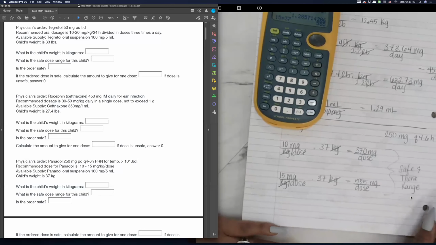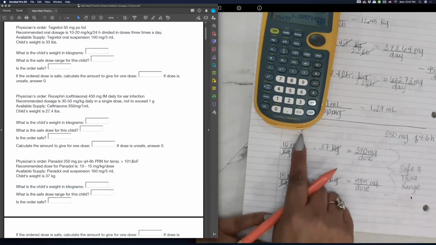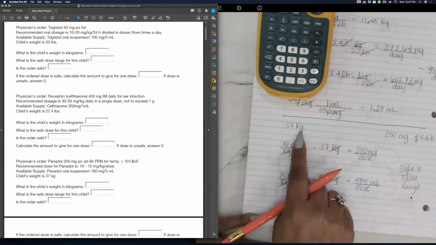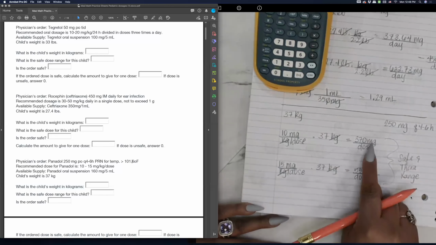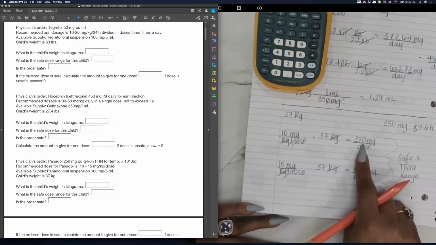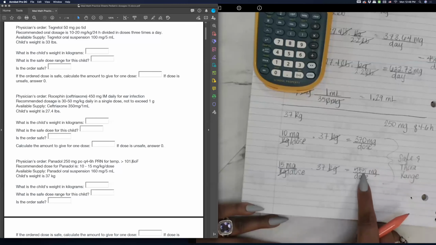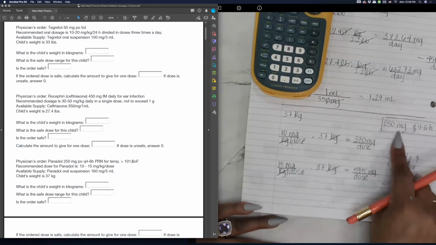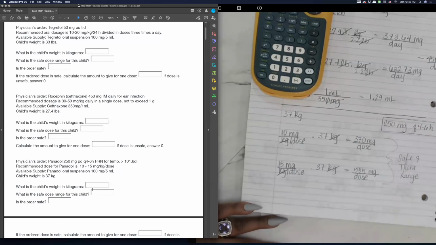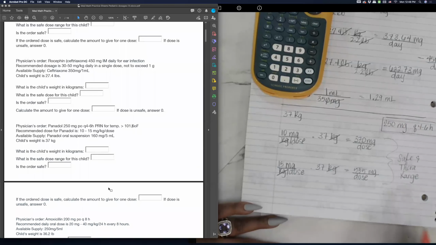Okay, so what is the child's weight in kilograms? It's 37 kilograms. What is the safe dose range for this child? The safe dose range is 370 milligrams per dose to 555 milligrams per dose. Is the order safe? It may be safe, but we do not know if it is therapeutic. So on this one, you would put a 0 because you don't know if it is safe and therapeutic.